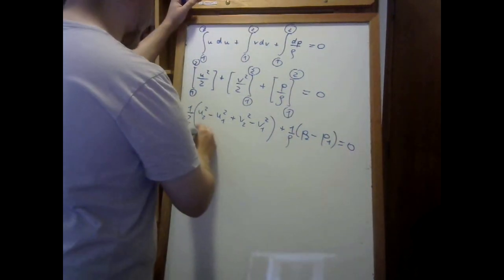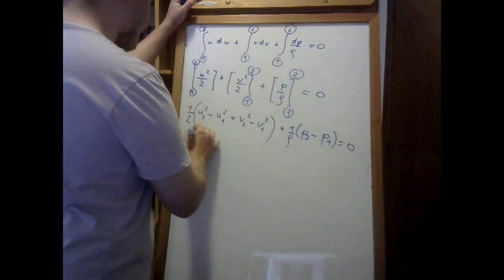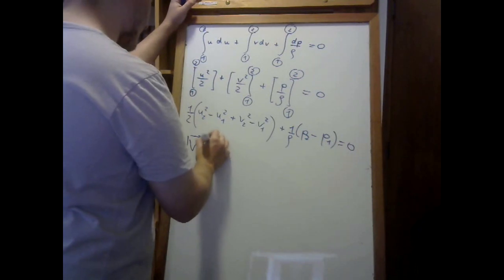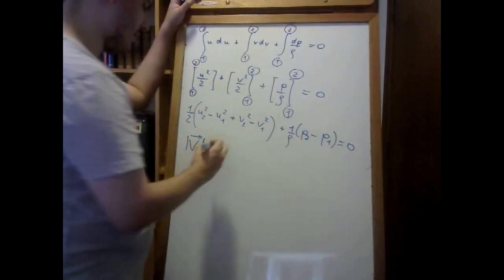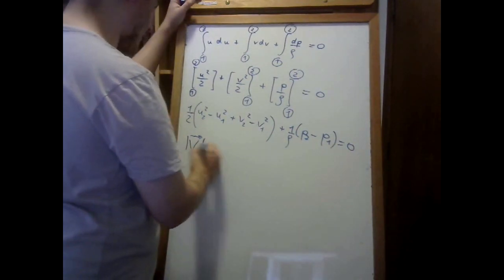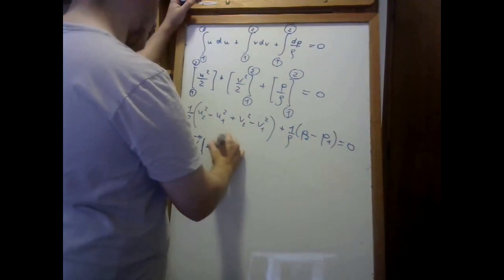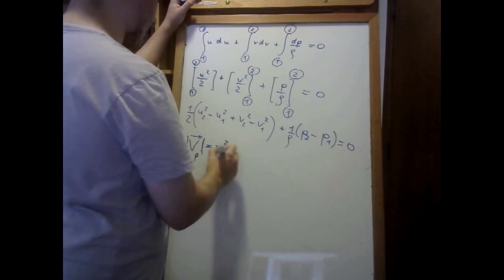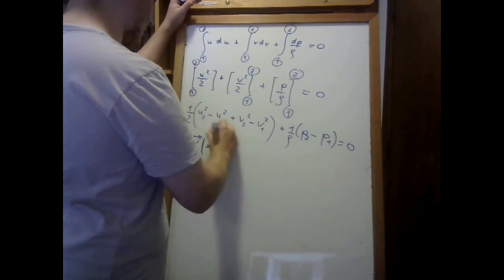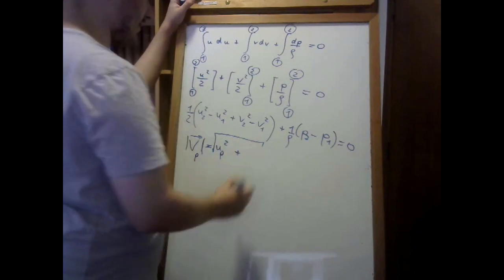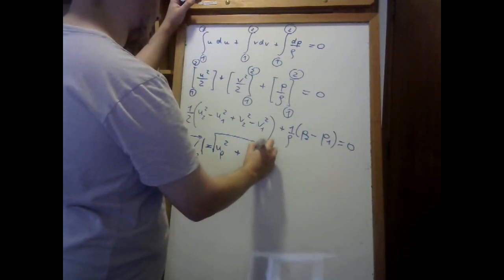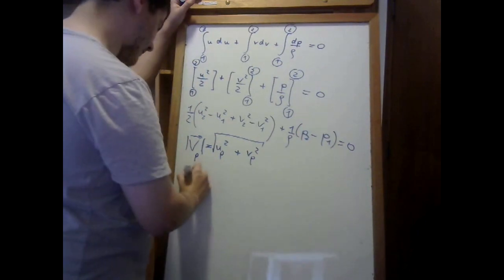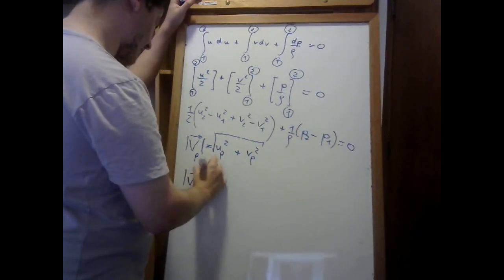So we have the magnitude of the velocity at a certain point, let's say at point P, equals UP squared plus VP squared.